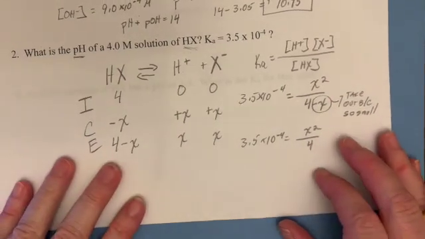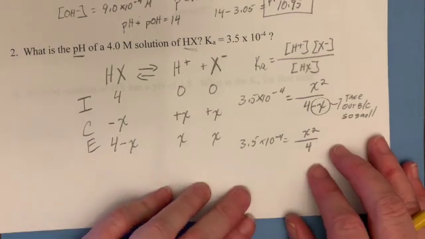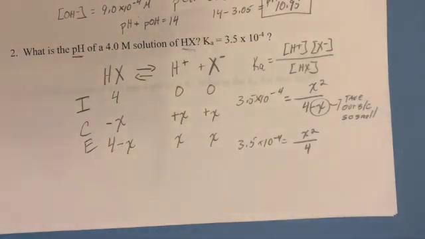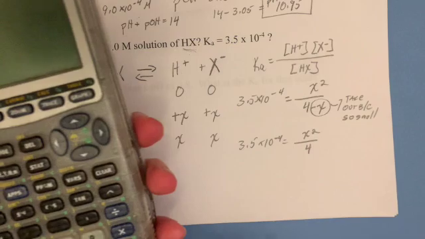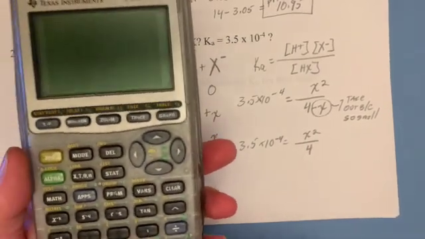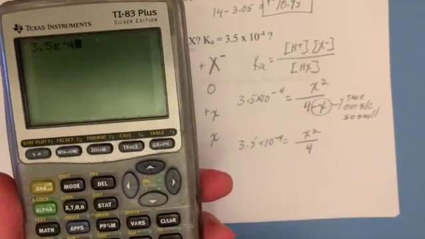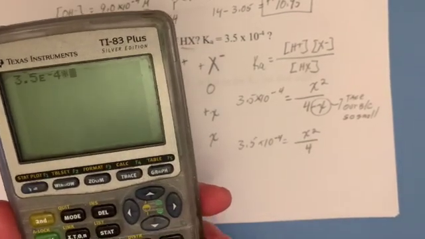When you go ahead and do this, we can put this into our calculator. So 3.5 second EE negative fourth, times 4.